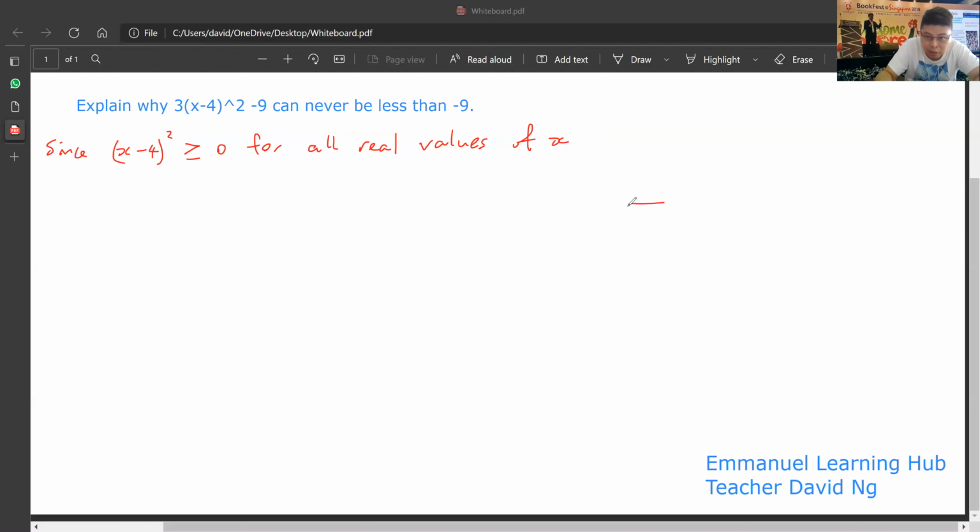Complex values, for example, i. Your i is a make-up number. Okay, i is known as a complex number, which is not in your syllabus yet.